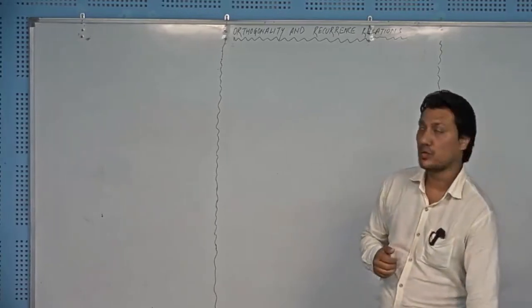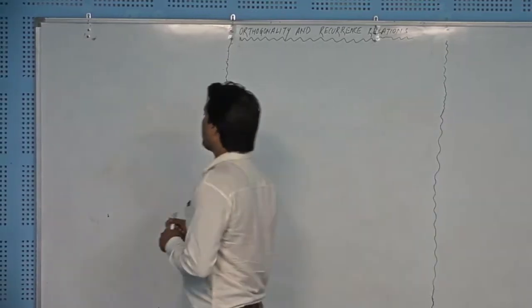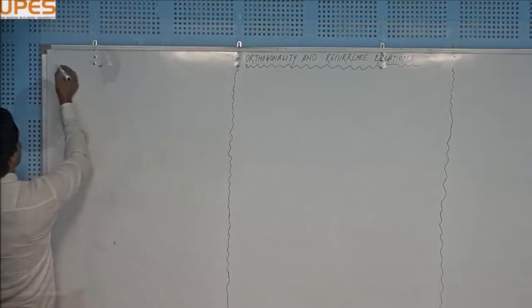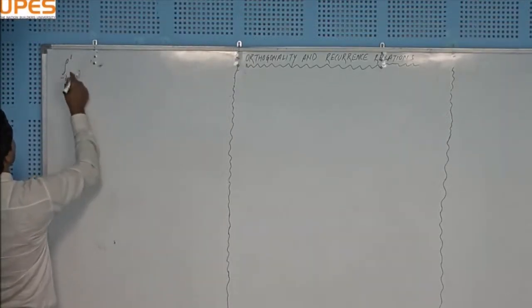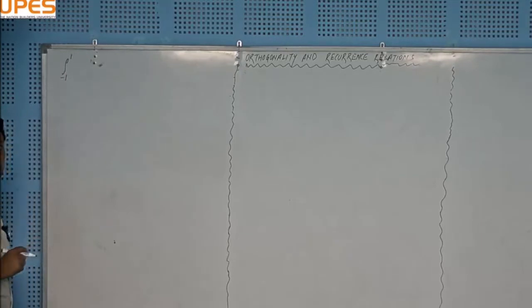So I will write that property of orthogonality in the case of Legendre's polynomials. That is the integral from -1 to 1. This is the range of integration for the orthogonal polynomials.